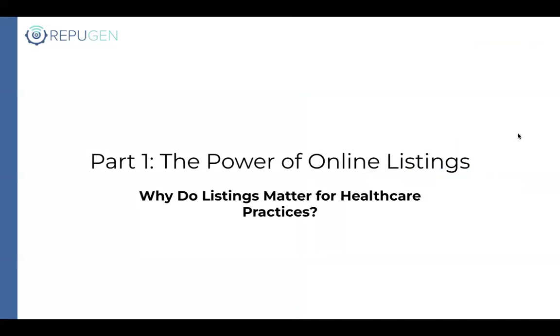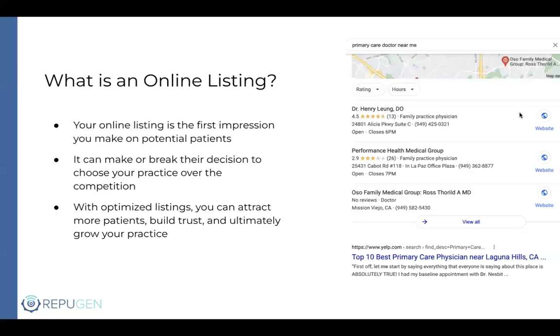So before we dive into the exact details on how to build and manage your online listings to attract more patients, it is essential to understand what online listings are and why they matter for healthcare providers. Think of an online listing as your virtual storefront in the bustling digital marketplace of healthcare.